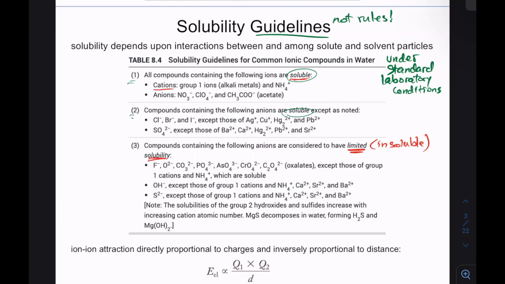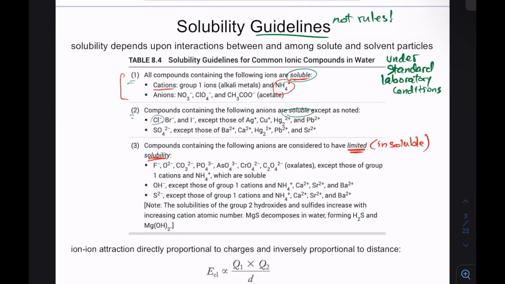And we also have the ammonium ion, polyatomic ion, NH4+. If you're looking at the anion in the ionic compound, we're also going to add the polyatomic ions, the nitrate ion, and these others. If you look at an ionic compound and it has these materials, it will always be soluble under standard laboratory conditions.